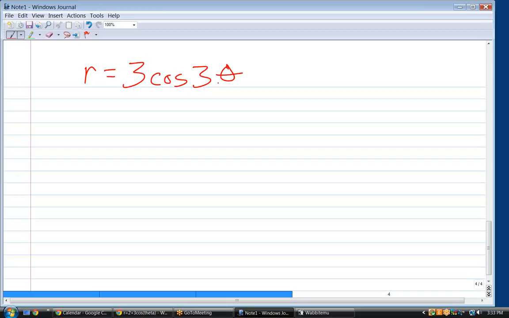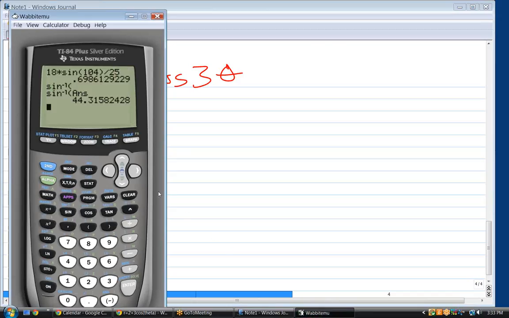So that's a rose curve that should have how many petals? 6? Three.